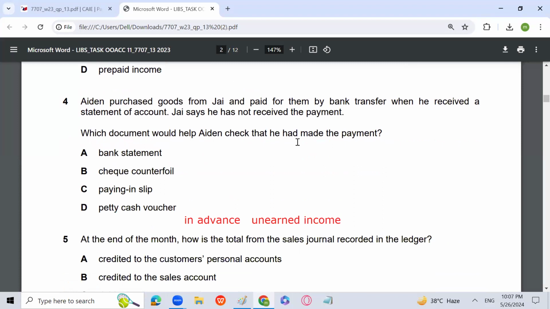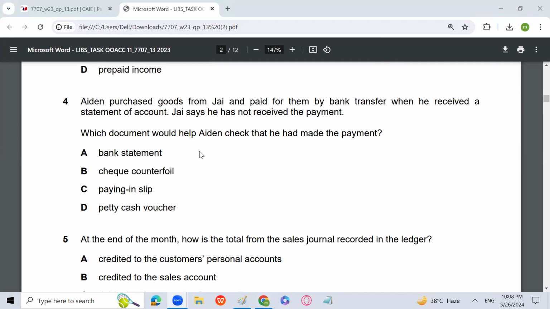Next, G. Aiden purchased goods from J and paid for them by bank transfer, meaning he is making the payment through online payment, through the bank. When he received a statement of account, J says he has not received the payment. Which document would help Aiden check that he had made the payment?